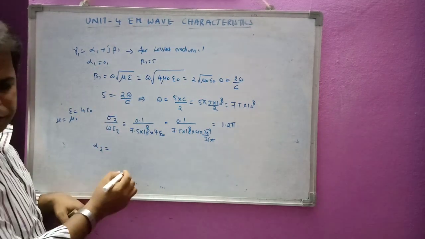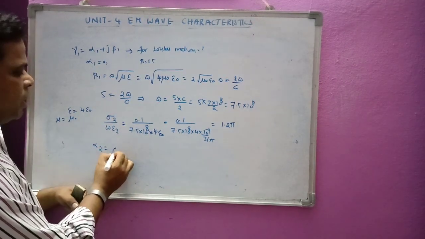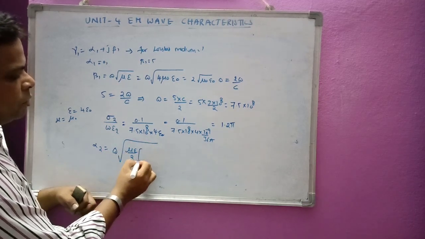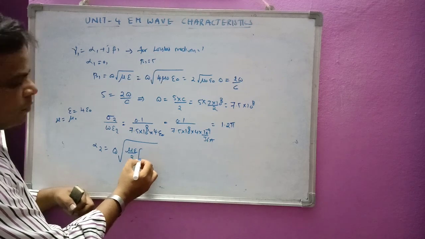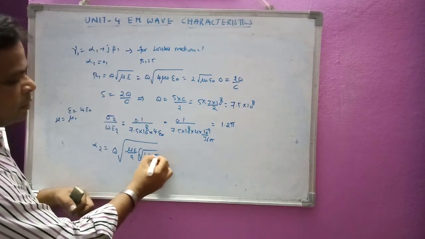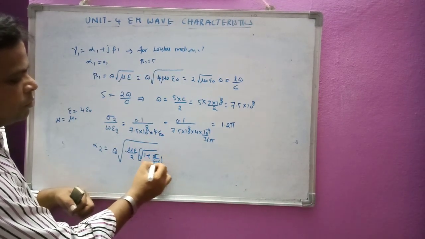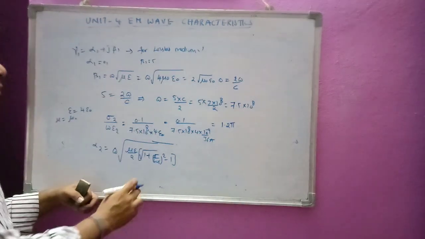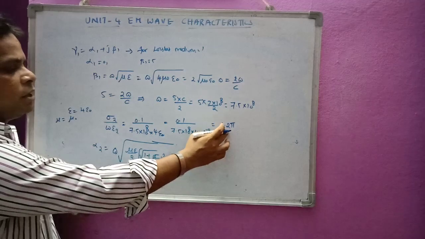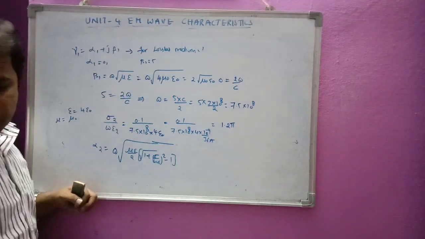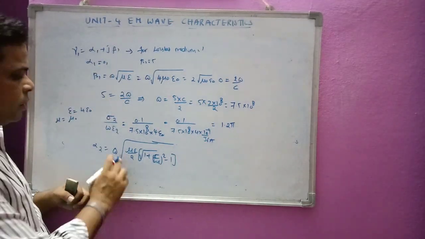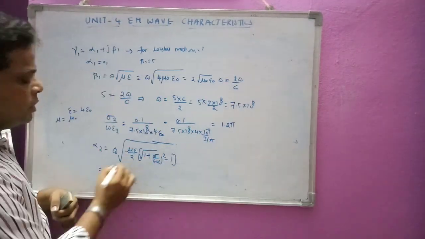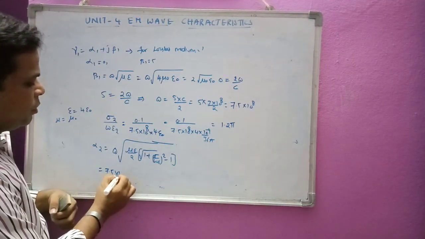Alpha 2 is equal to, we are having the formula omega into square root of mu epsilon by 2 into square root of 1 plus sigma by omega epsilon whole square minus 1. Now already we have solved this value, that is 1.2 pi. So by directly substituting, omega value also we have found, that is 7.5 into 10 to the power of 8.